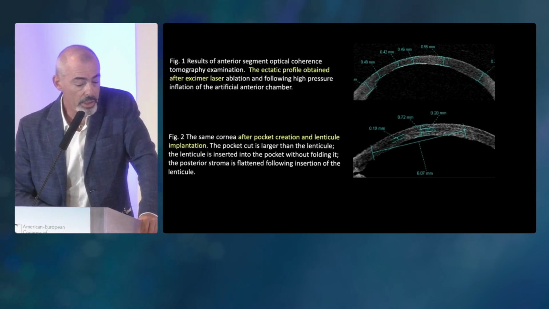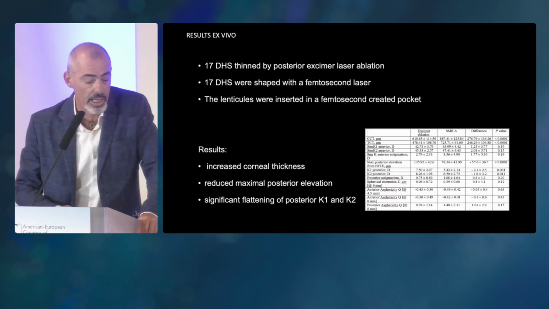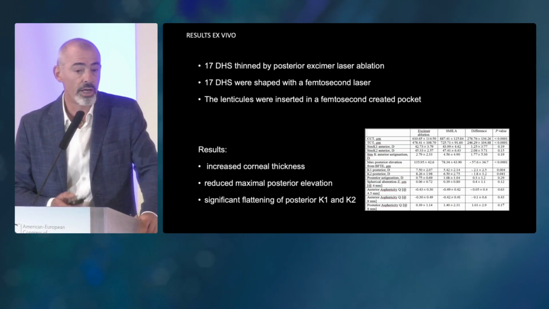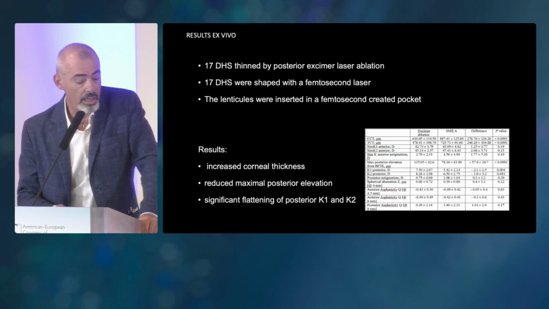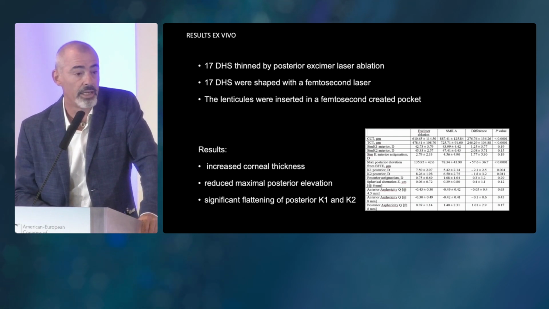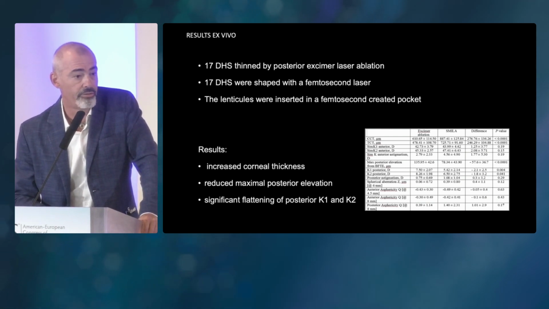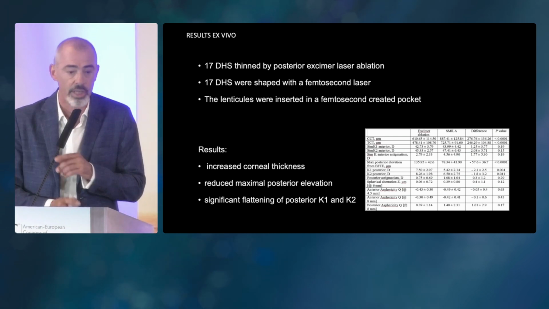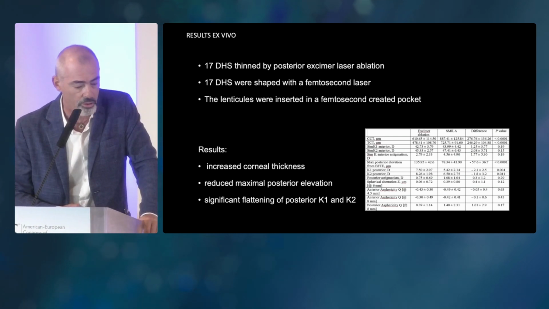What we notice, obviously, is an increase in corneal thickness, but a reduction in maximal posterior elevation and a significant flattening in K reading of the posterior surface of the cornea. And you know that keratoconus is mainly a posterior disease of the cornea.